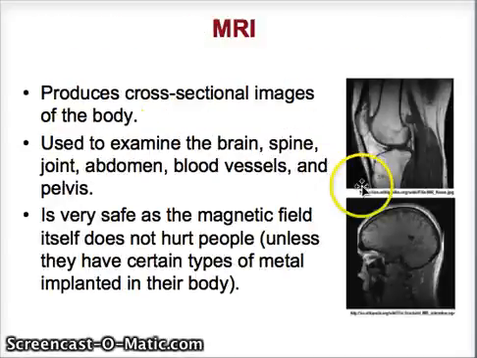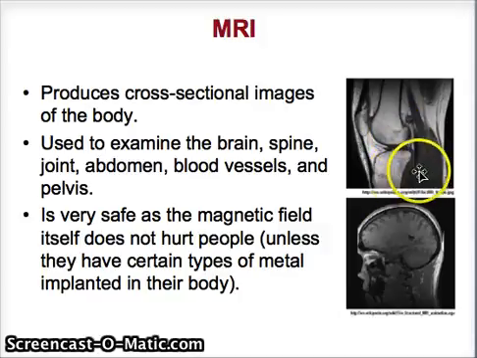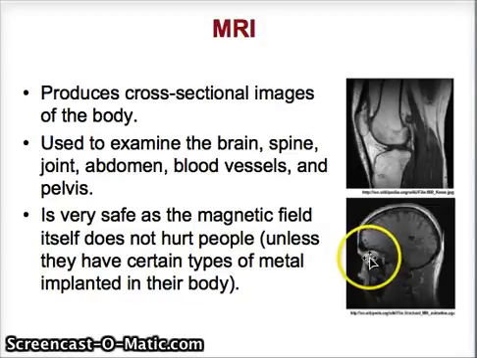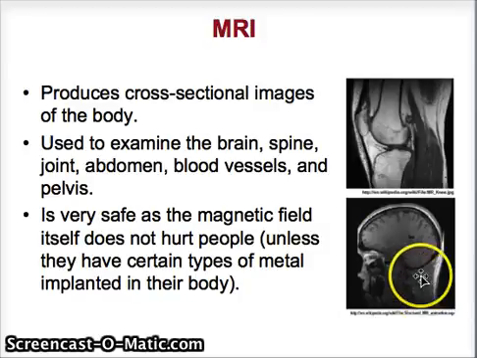So we have this, so you can see the bones, but you can also see the dense muscle tissue here around the knee and the ligaments and the joints because of the MRI. Here, the brain, you can see a lot better, and look at the detail you get of the face, nasal cavity, and the muscles in the neck a lot better than you did in that CT scan.